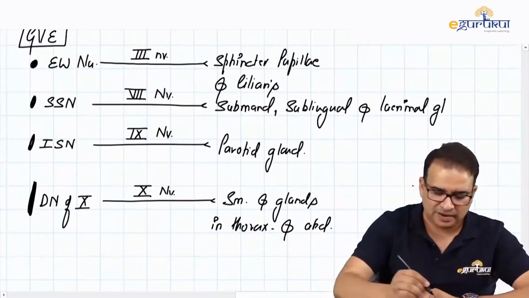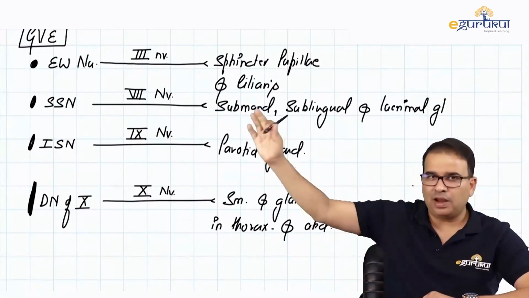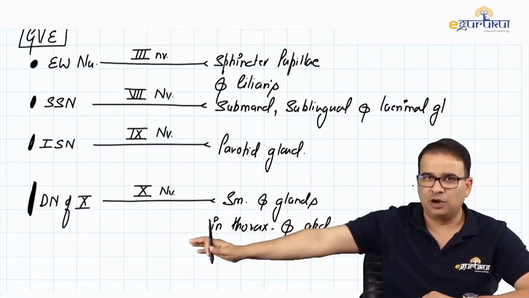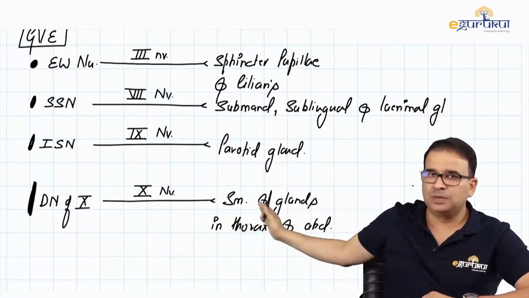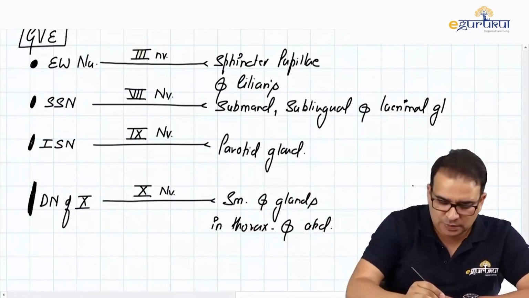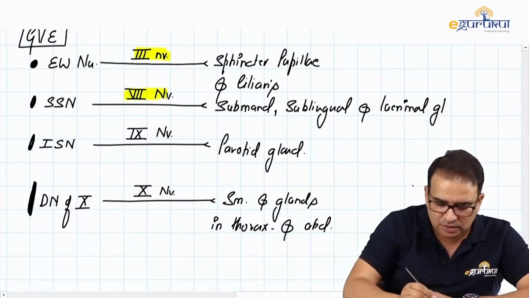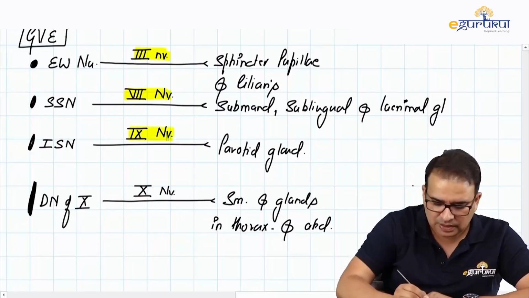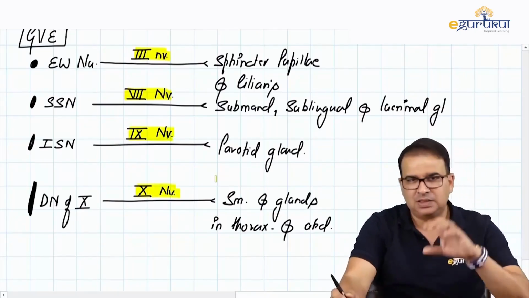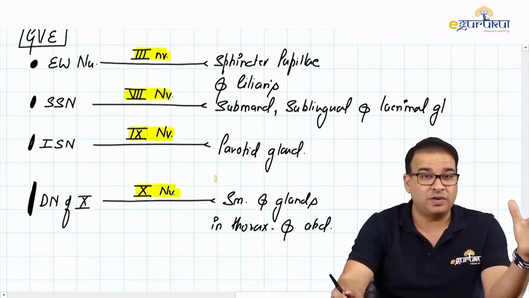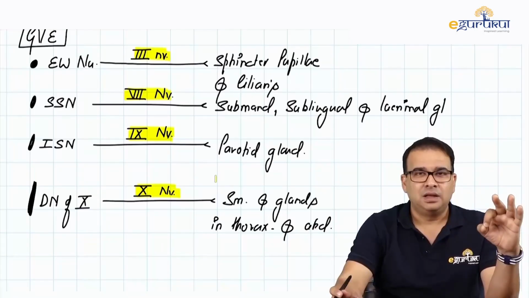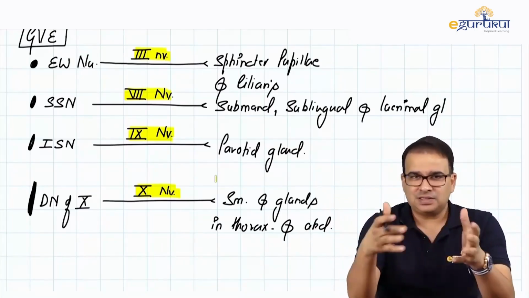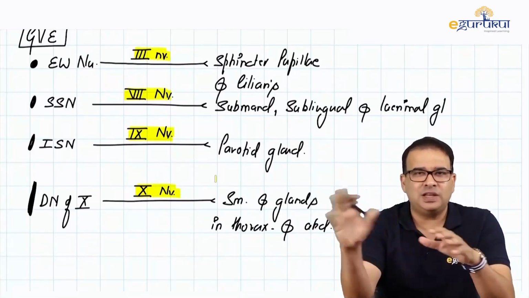Now look at this pattern here. Four cranial nerve nuclei we just saw in the GVE column, four nerves supplying different smooth muscles and glands. Which tells me that the 3rd nerve, 7th nerve, 9th nerve and 10th nerve are the four cranial nerves out of 12 that supply smooth muscles and glands. The remaining 8 nerves do not take care of any smooth muscle or gland.